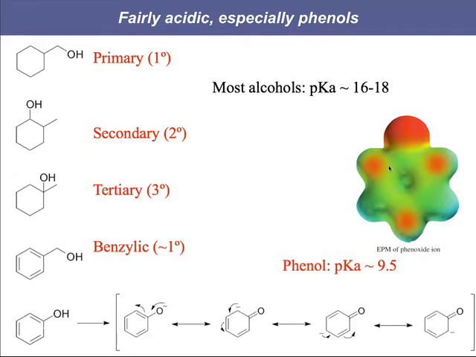This is an electron potential map of phenol. Actually, this is the phenoxide ion, the ion that you get by removing the H+ from phenol. Remember that all the resonance structures really just represent different ways to view a single structure. You can see that on this electron potential map, most of the negative charge is on the oxygen.